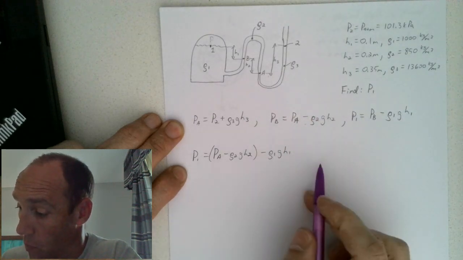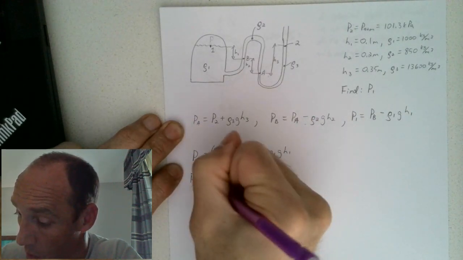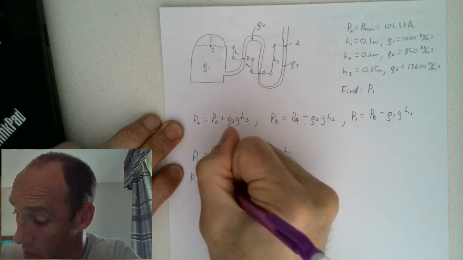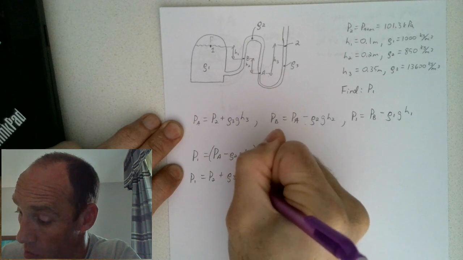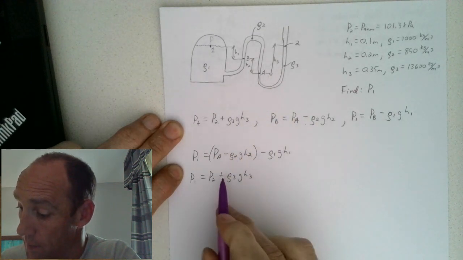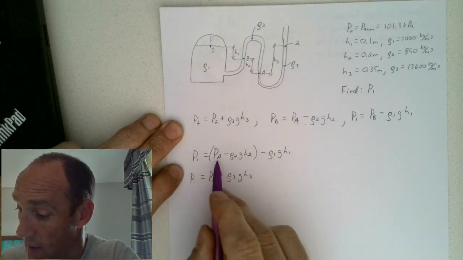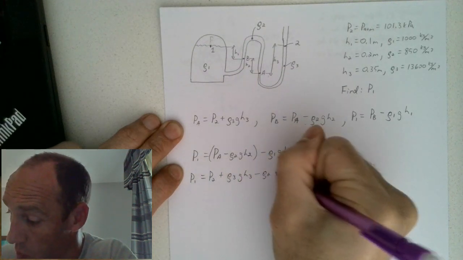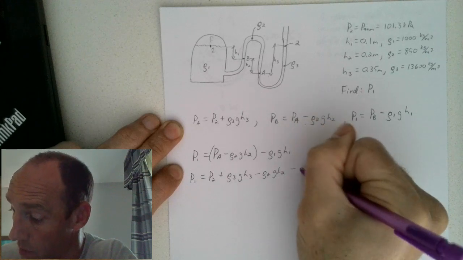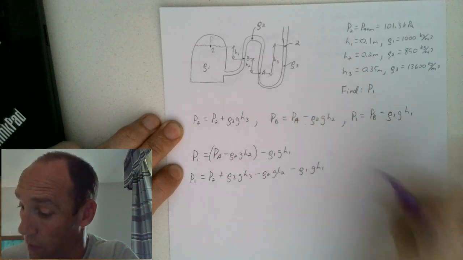Okay, so I can drop the parentheses now. I can rewrite P1: PA is just P2 plus rho 3 g H3, minus rho 2 g H2, minus rho 1 g H1.